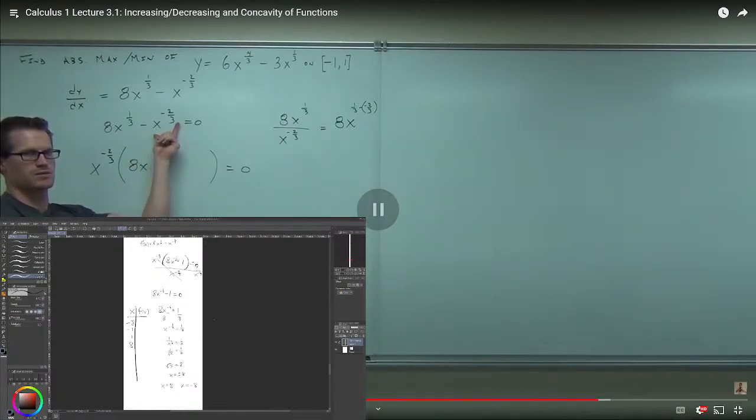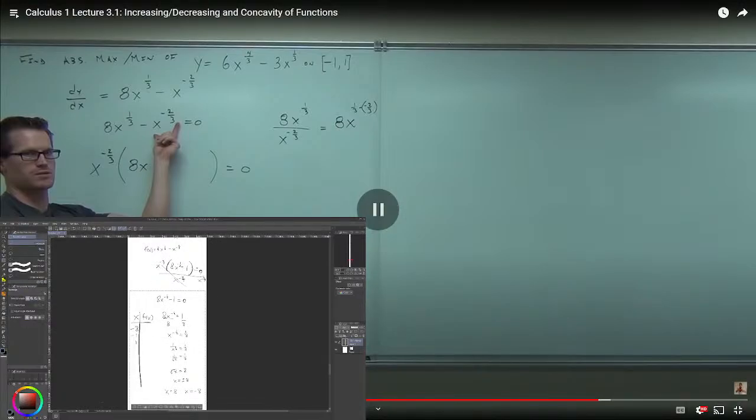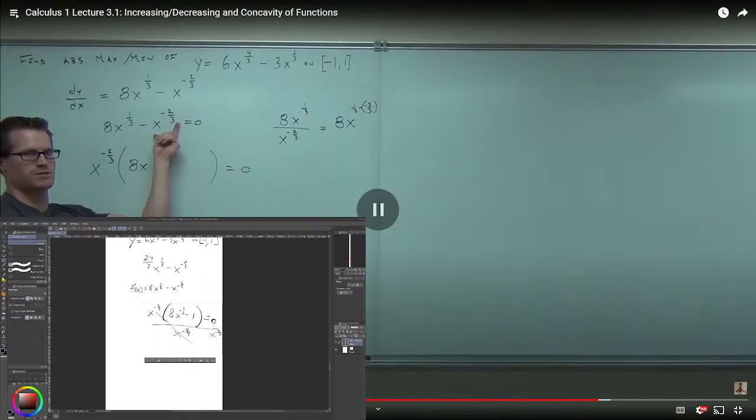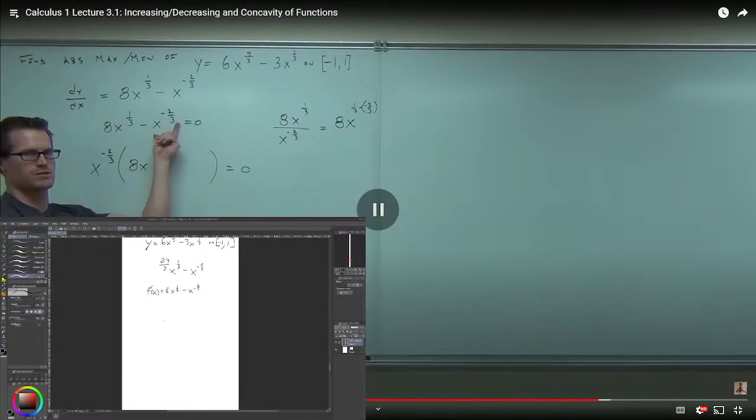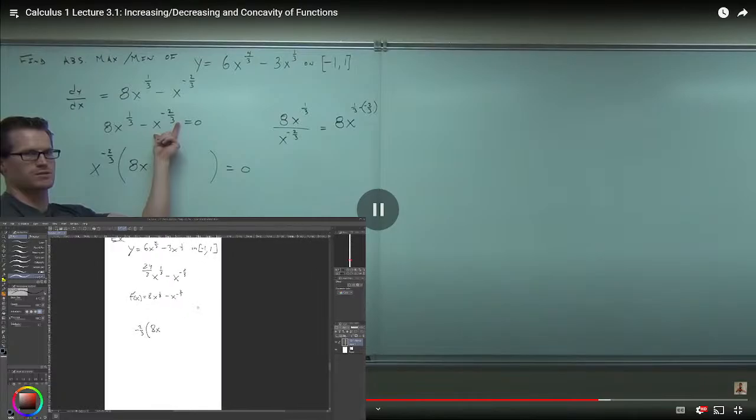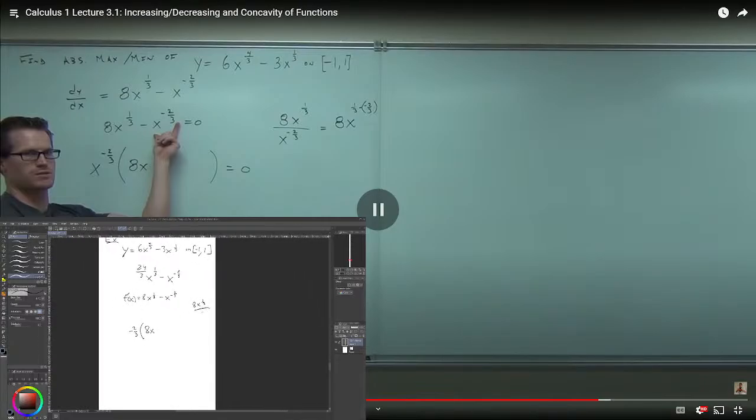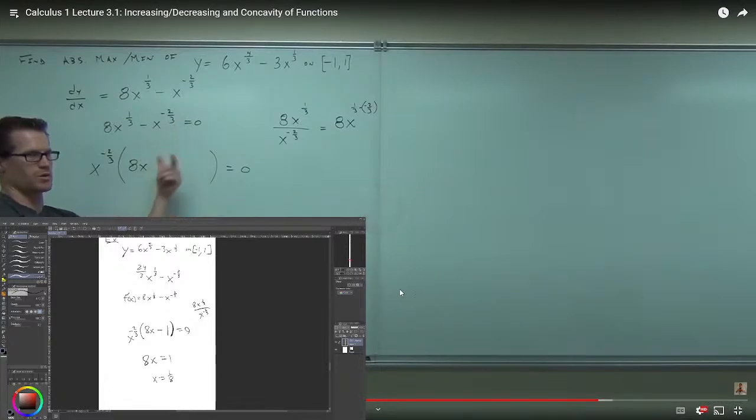Minus, well, this one's easy. x to the negative two-thirds, we pull the whole thing out, we get 1.